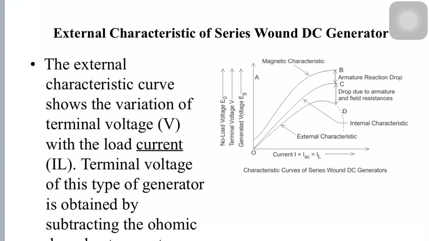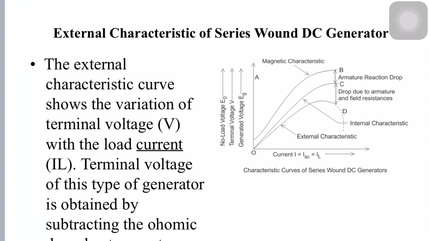This dotted line approximately gives the constant current irrespective of the external load resistance, because if load is increased, the field current is increased as the field is series connected with the load. Similarly, if load is increased, armature current is increased as the armature is also series connected with the load.